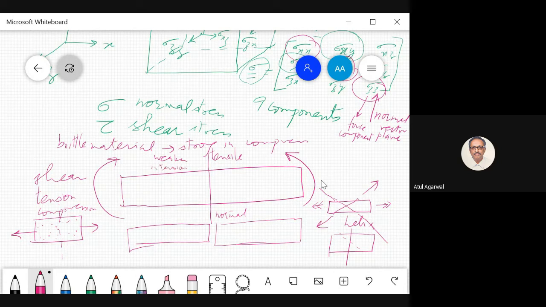You take a material like steel, it may be equally good in compression as well as tension. So some materials are stronger in shear, some are weaker in shear. So what happens is, at different planes, you may have different kinds of stresses. You see here, on this plane, you have got a shear stress. There is a shear stress on this plane. But on these planes, there is some tensile stress. There is a compressive stress on this plane.